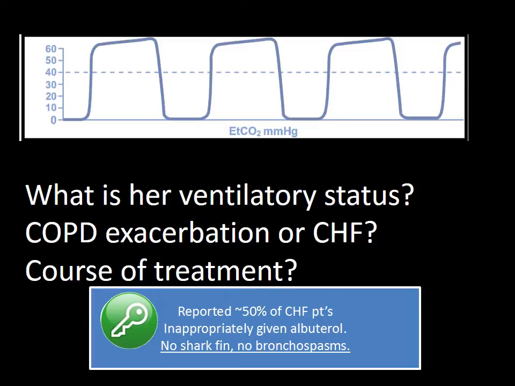So this is a good tool to augment your clinical assessment, and we don't see any shark fins. They don't have bronchospasms. I'm going to hold off on the albuterol and see if I can alleviate the symptoms with nitro and CPAP, and maybe that might be the best course of treatment rather than also giving her albuterol.